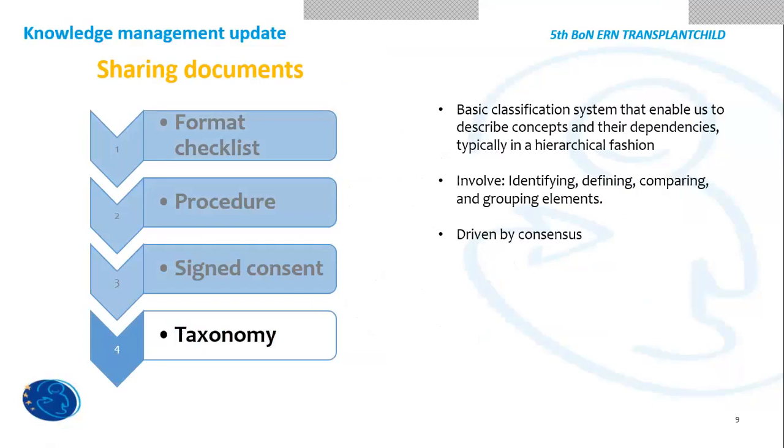What is a taxonomy? We all use and produce taxonomies every day, but it's somehow difficult to define. It's a basic classification system that enables us to describe concepts and their dependencies, typically in a hierarchical fashion, but not only in this way, as we can see later. It involves identifying, defining, comparing, and grouping elements, and is driven by consensus.